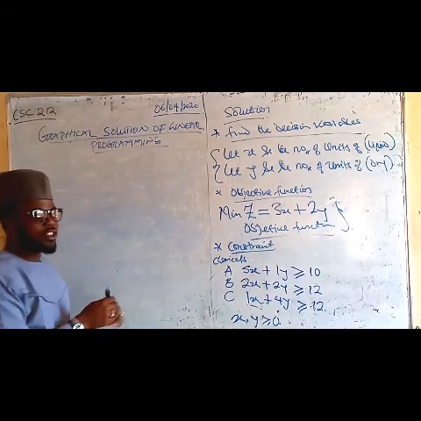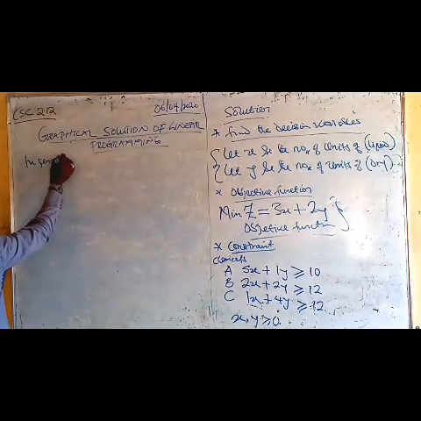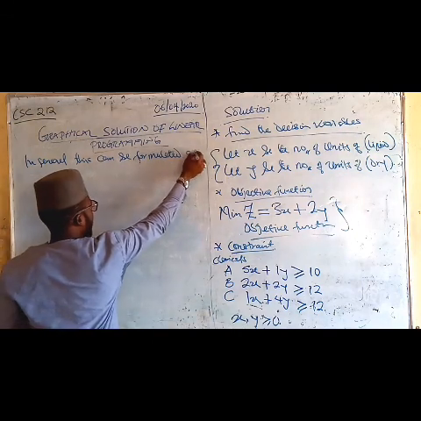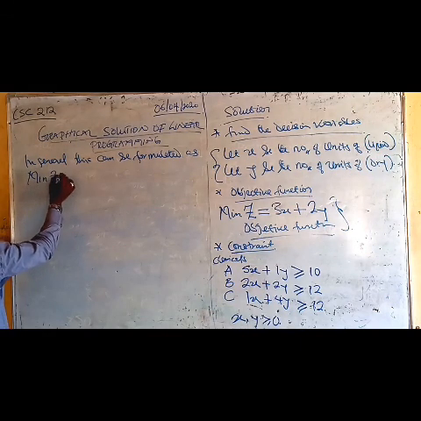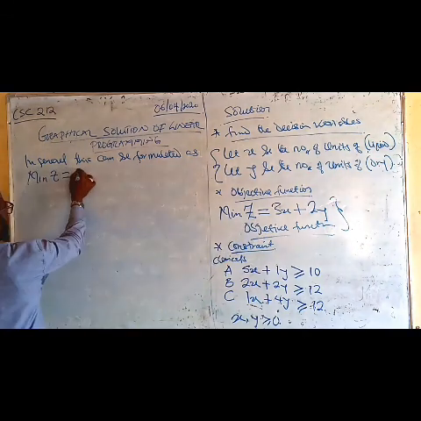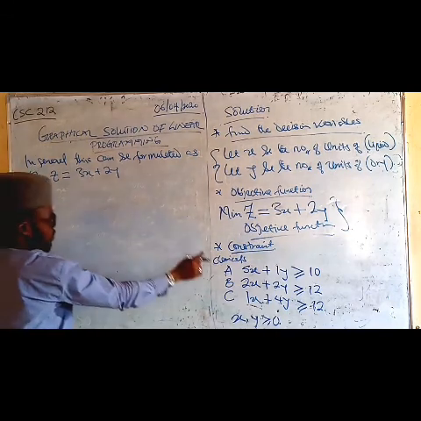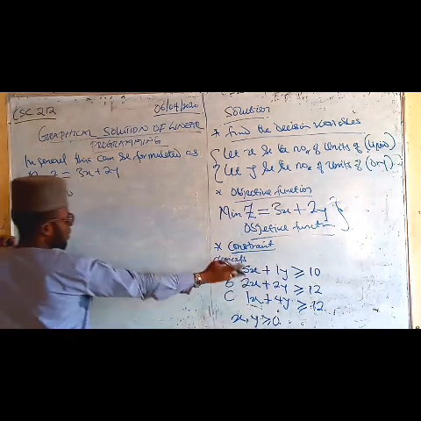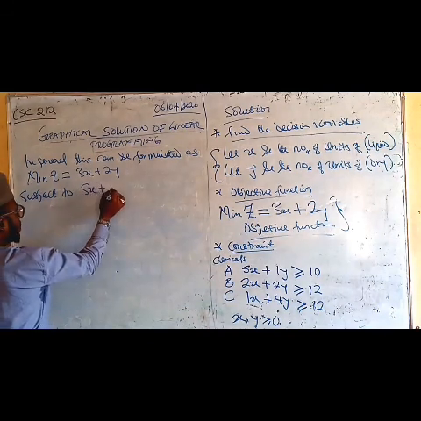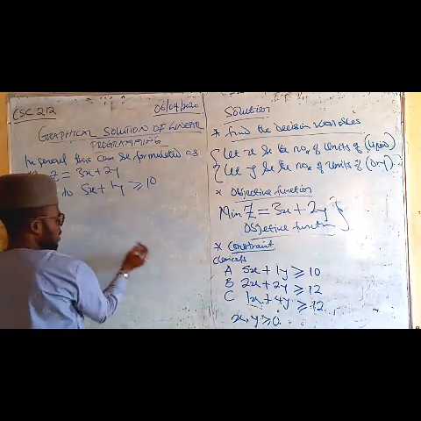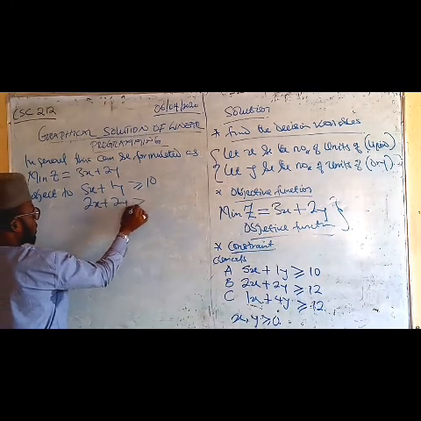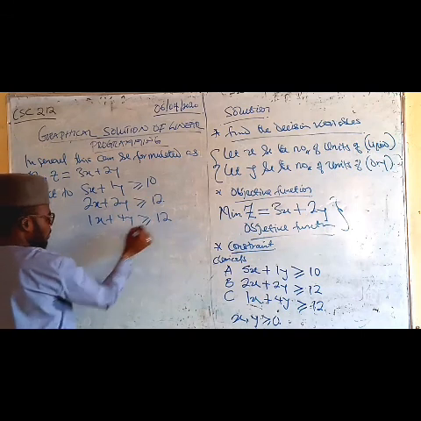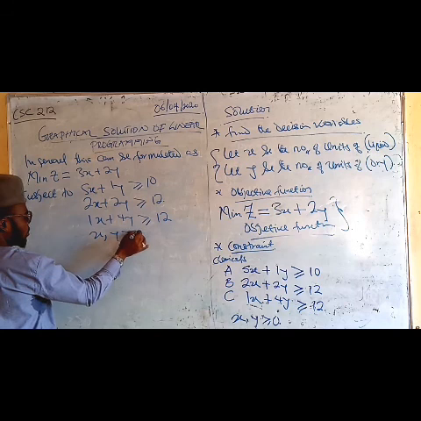We have formulated our problem. Then in general, this can be formulated as min z, that is our objective function, equals 3x plus 2y, subject to our constraints. Stating our constraints: 5x plus 1y is greater than or equal to 10, and then 2x plus 2y is greater than or equal to 12, and then 1x plus 4y is greater than or equal to 12, with our non-negativity, x and y must be greater than or equal to 0.